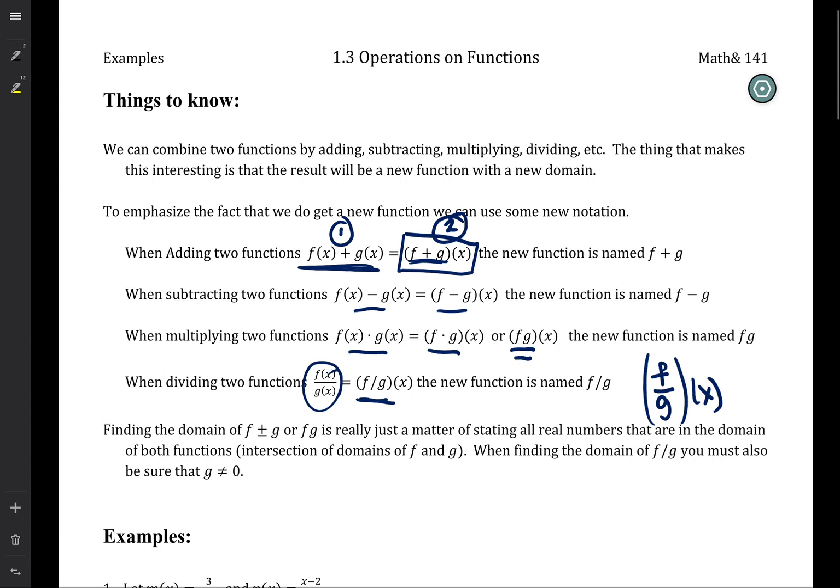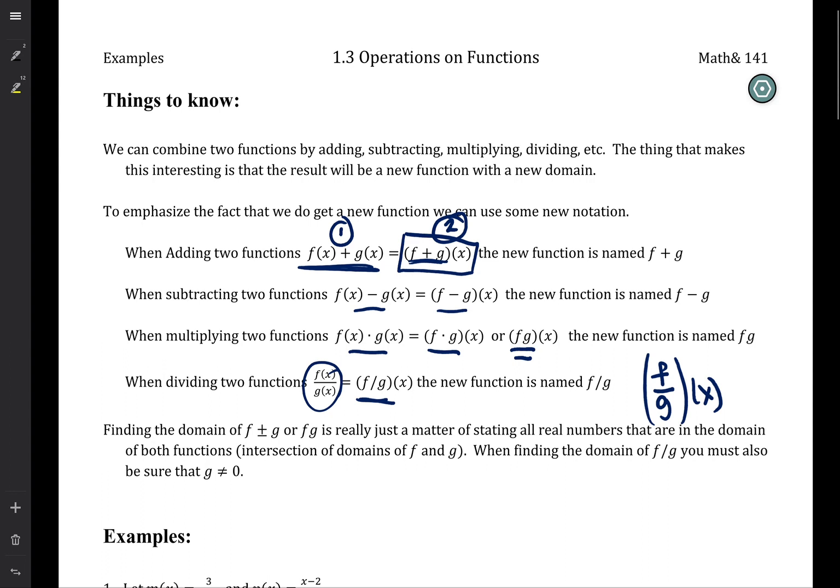And in terms of the domain of this new function, generally it just boils down to looking at the numbers you can't plug into f and the numbers you can't plug into g and saying, okay, well then we certainly shouldn't plug those into f plus g or f minus g or f times g. The one that's slightly different is f over g. We will be building a fraction into something that might not necessarily have had any fractions.